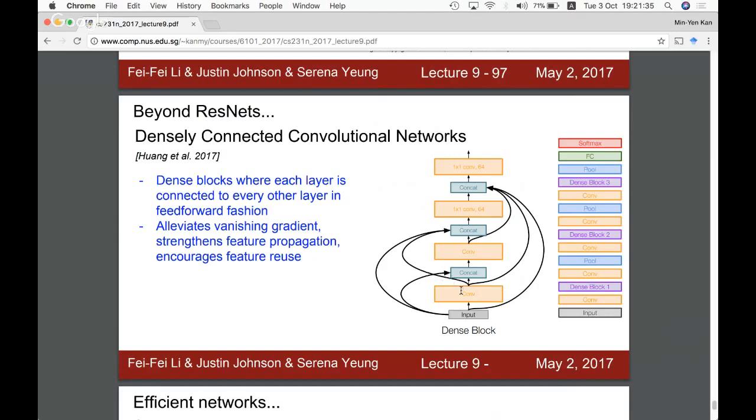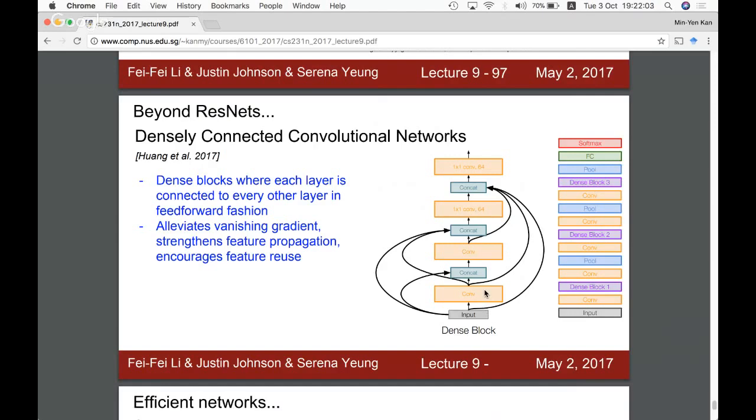Basically, I think the idea is you have a bunch of concatenation after the conv layers. I think it's similar to GoogleNet in terms of the concatenation.